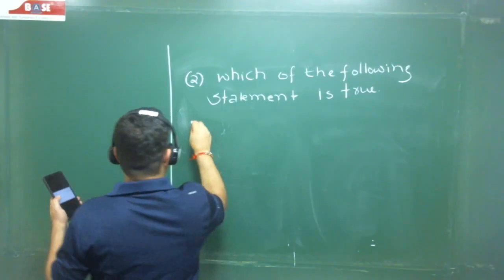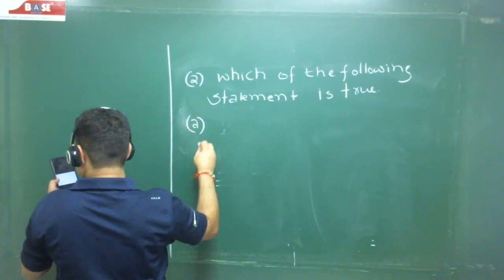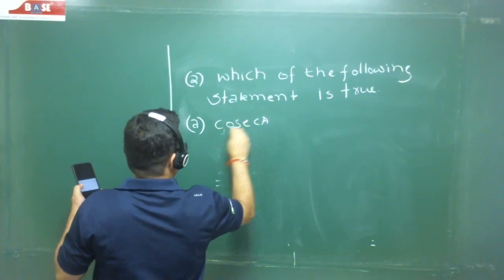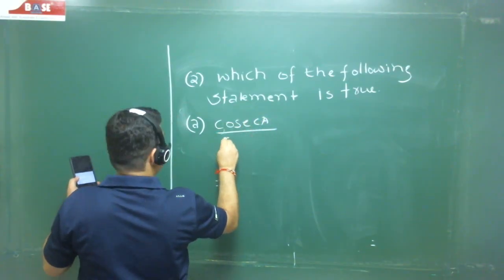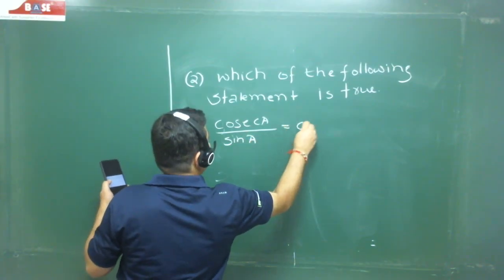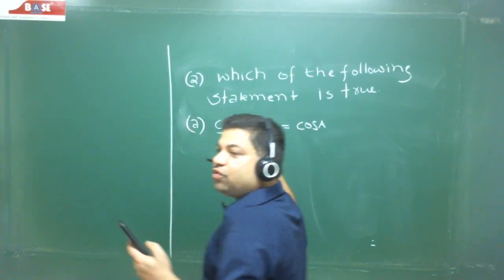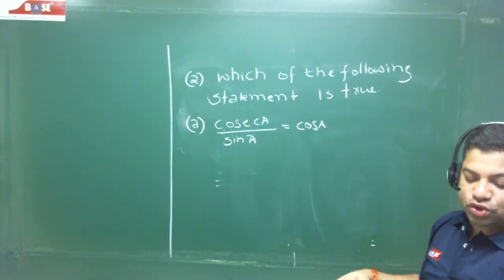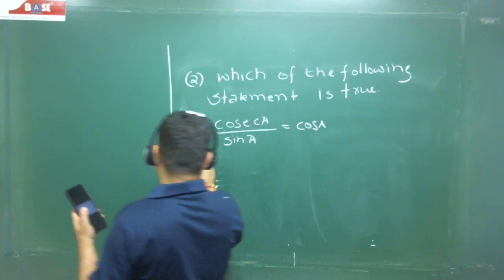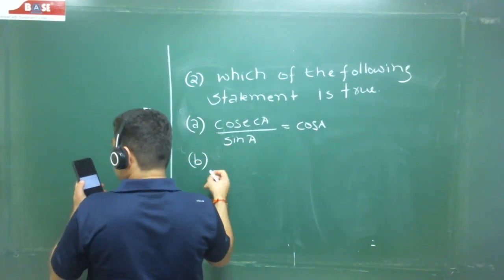Option A they have given: cosec A divided by sine A is cos A. They have given 4 options in this one. We are supposed to identify which will be the correct one, which will be true.